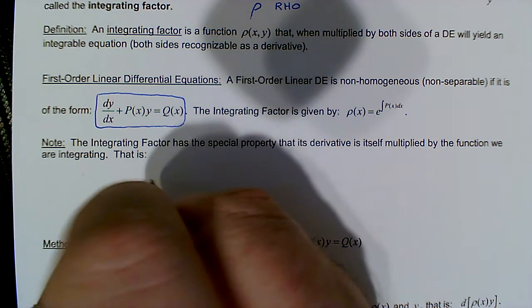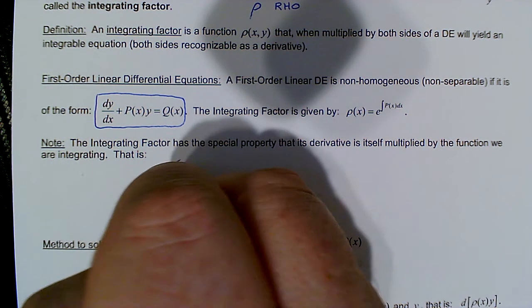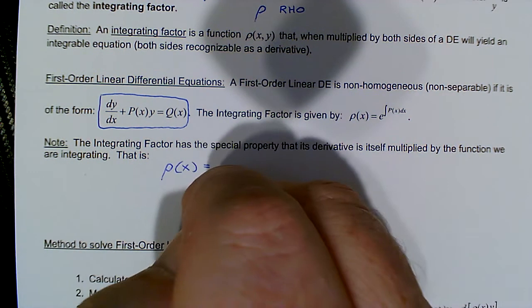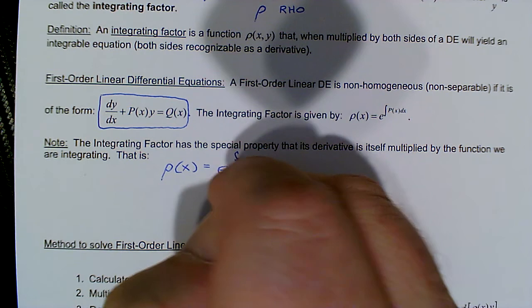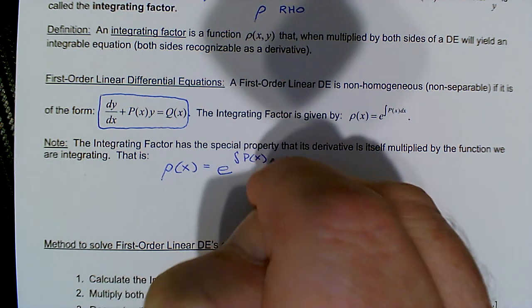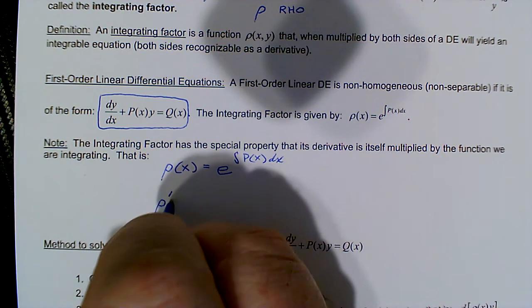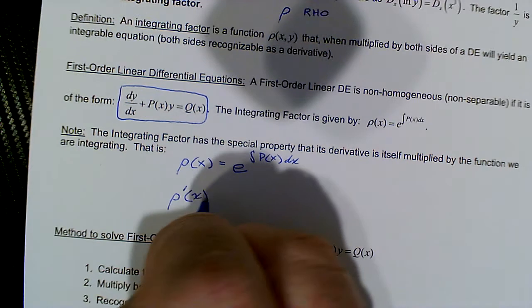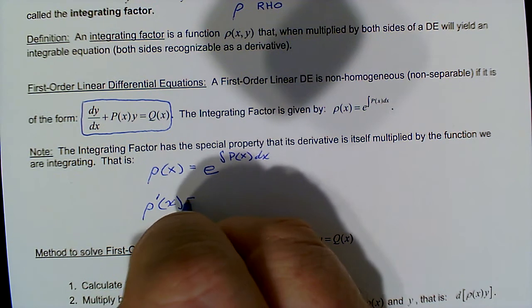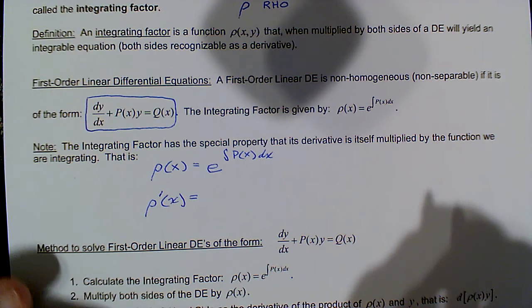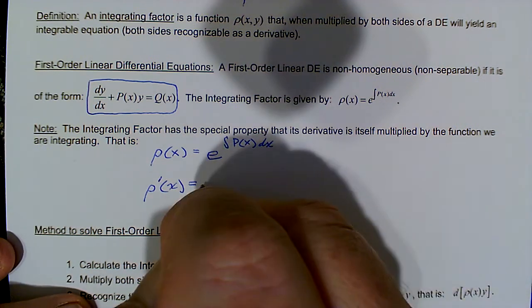For example, if we have that rho of x is defined to be e to the integral of p of x with respect to x, and we want to find rho prime, its derivative, then we would use the formula for e to the u.